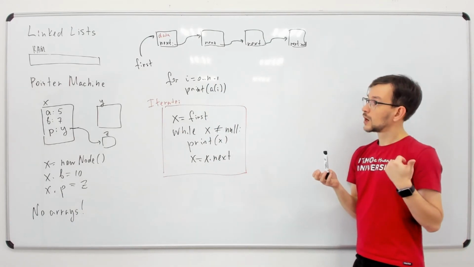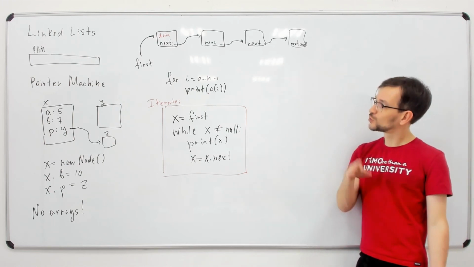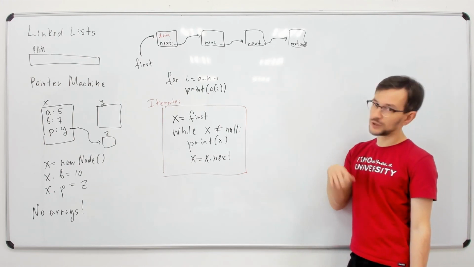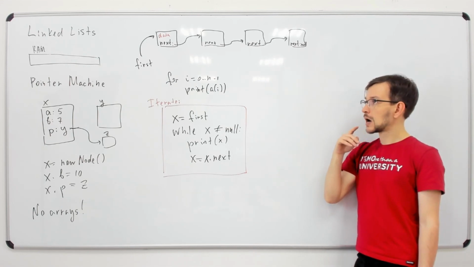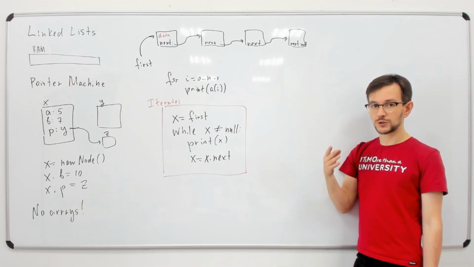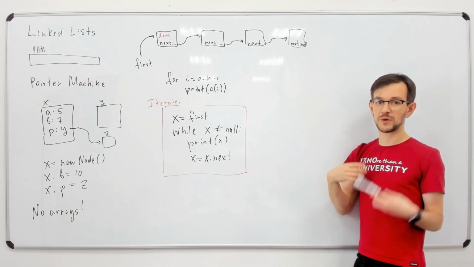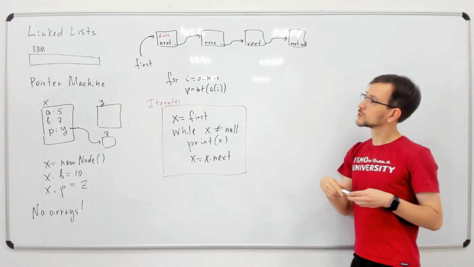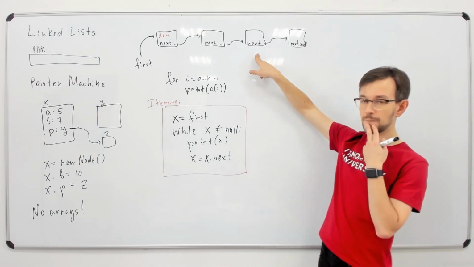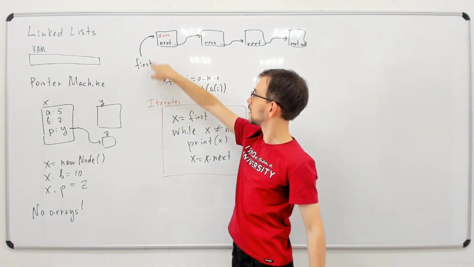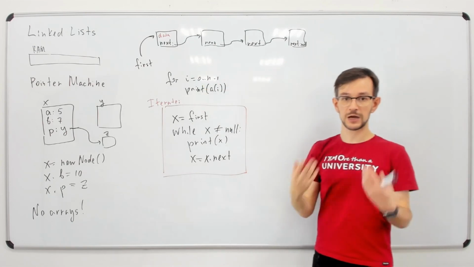Now, what else can you do in the linked list comparing to arrays? Obviously, what you can't do in a linked list, but you can do in arrays, is access the element by the index. So if you want to find the element of index i, you need to go from the first element and use these pointers until you reach the element of index i.